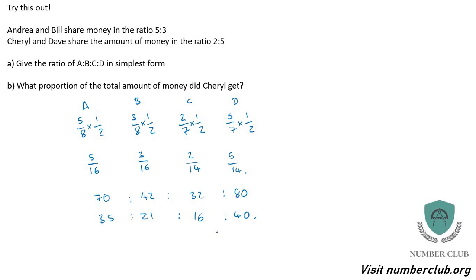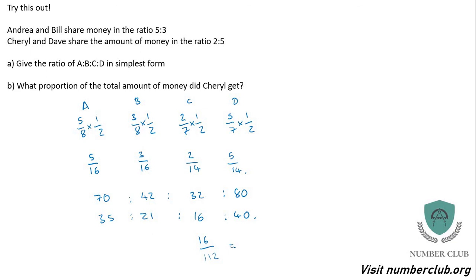What proportion of the money did Cheryl get? Well, Cheryl got 16 out of 35 plus 21 plus 16 plus 40. So that's 56, 57, 77, 107, 112.